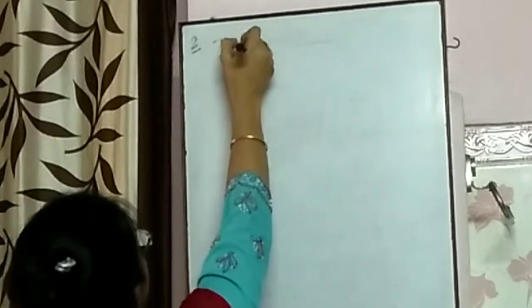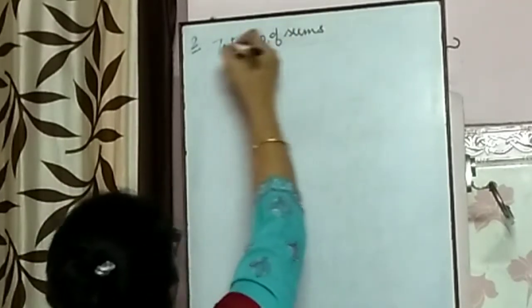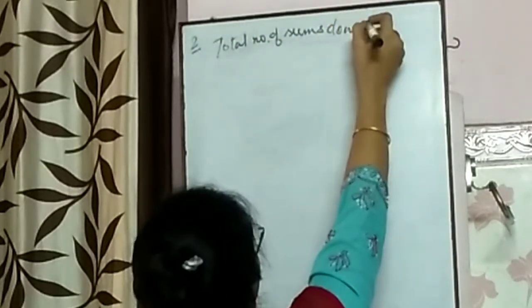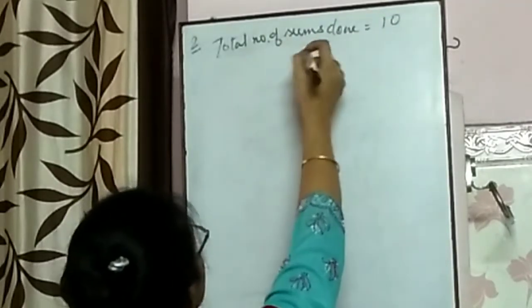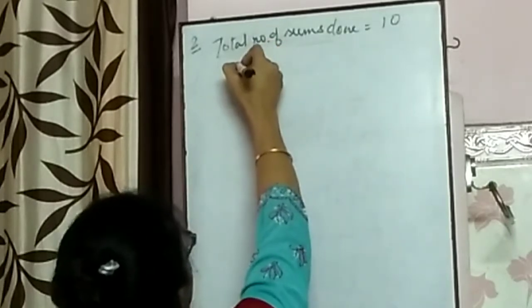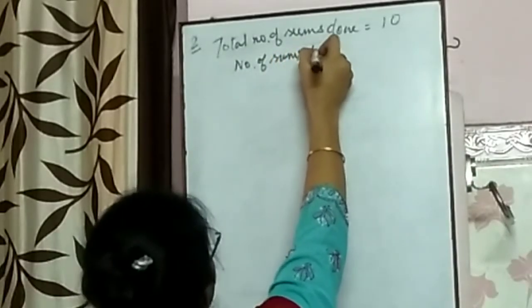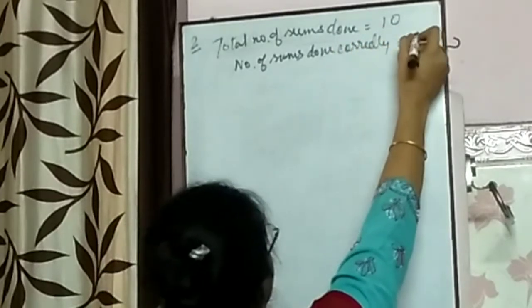So what is given, you have to mention total number of sums done is equal to 10, and correct sums, number of sums done correctly, 6.